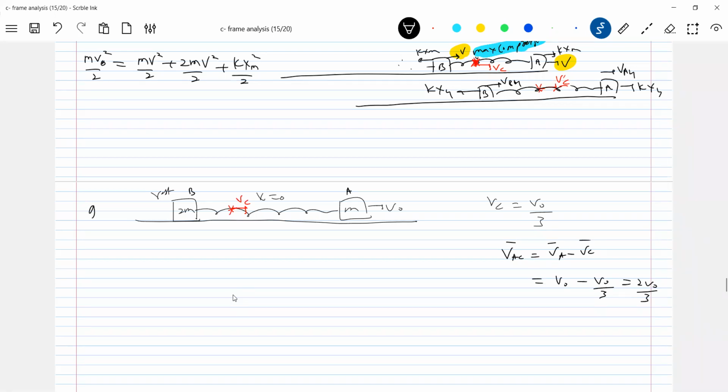What about block B? In the ground frame, this is at rest. In the C frame, let's see what will happen. So VBC equals VB minus VC. In the ground frame, it was at rest, no? Put 0, so it is minus 2 V0 by 3. So in the ground frame, what is the situation of it? It is moving away.